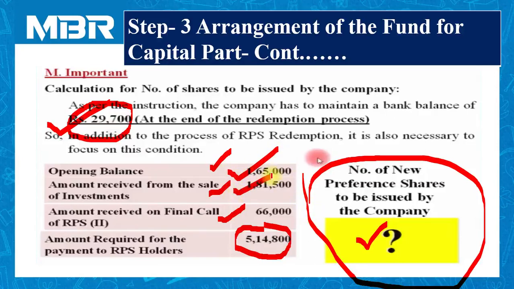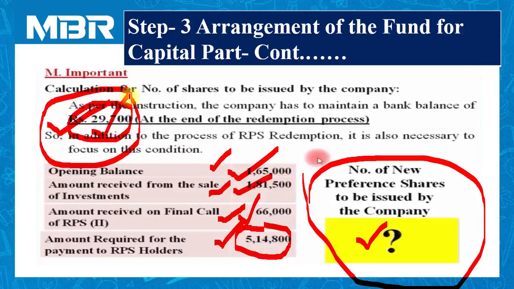We have received 1,81,500 on sale of investment. We have received 66,000 from RPS Capital 2. We have to pay 5,14,800 to the holders of RPS, and at the end of the solution we need rupees 29,700 in our bank account as a closing balance.